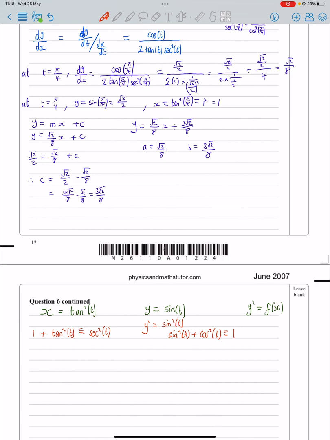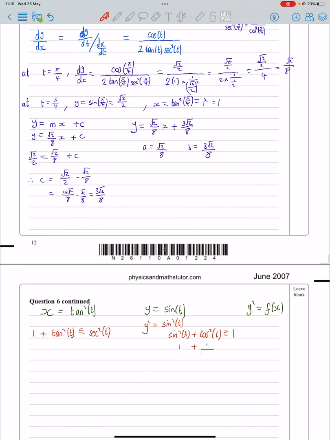However, we can kind of combine these two things. Let's look at what happens if we were to divide this whole equation by sine squared. We get 1 plus cos squared over sine squared, which is 1 over tan squared, which is great.